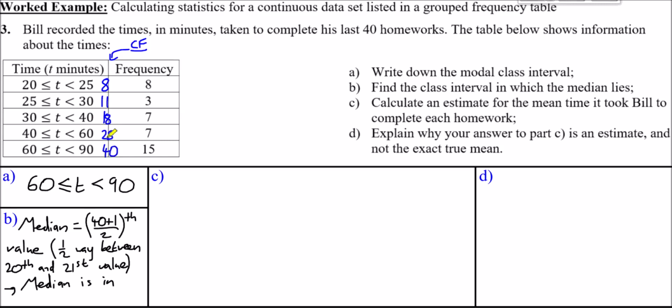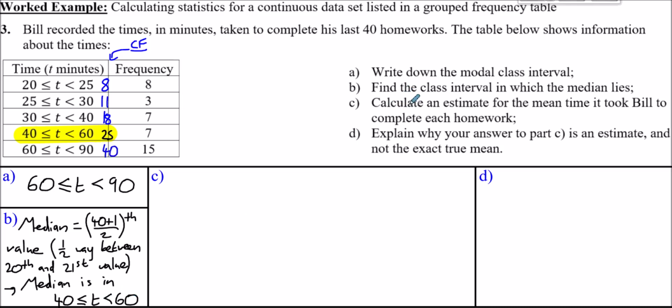But because this value is 25, that means the 19th, 20th, 21st, 22nd, 23rd, 24th, 25th are in here. So the median is going to be in this interval here. So therefore the median is in the interval from 40 to 60.